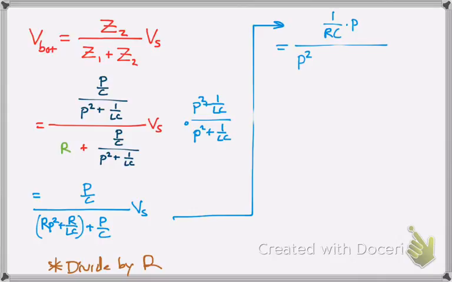The p squared has the coefficient of 1, so that's good. I put the third term on the bottom as the second term, so we have 1 over RC times p plus 1 over LC when you divide by R. So that is the equation in variable form for the operator equation for the circuit times the s.